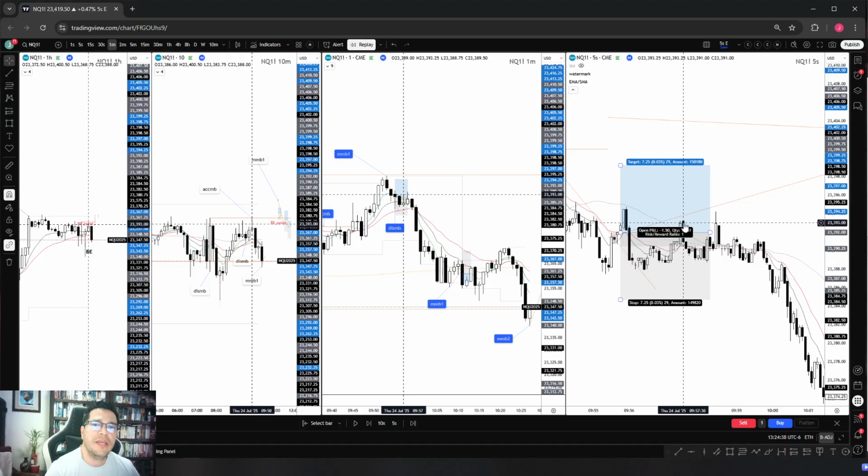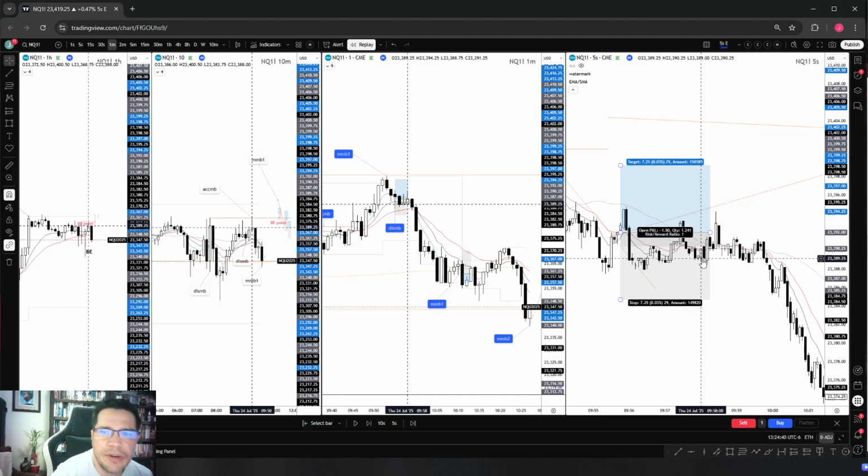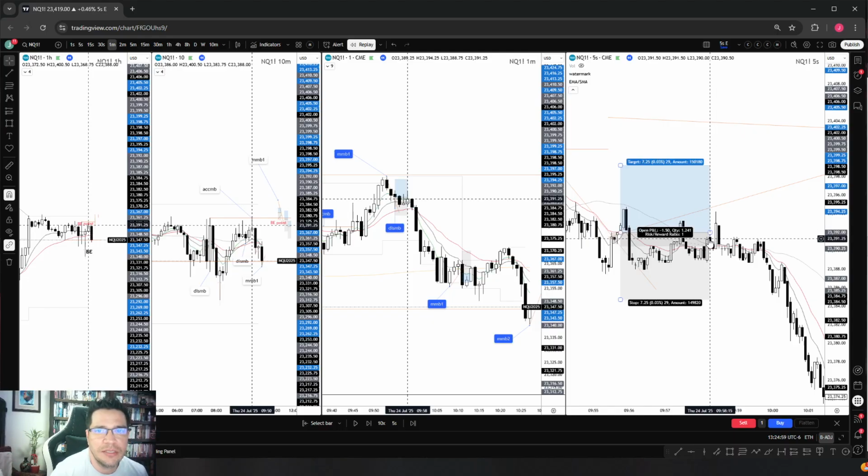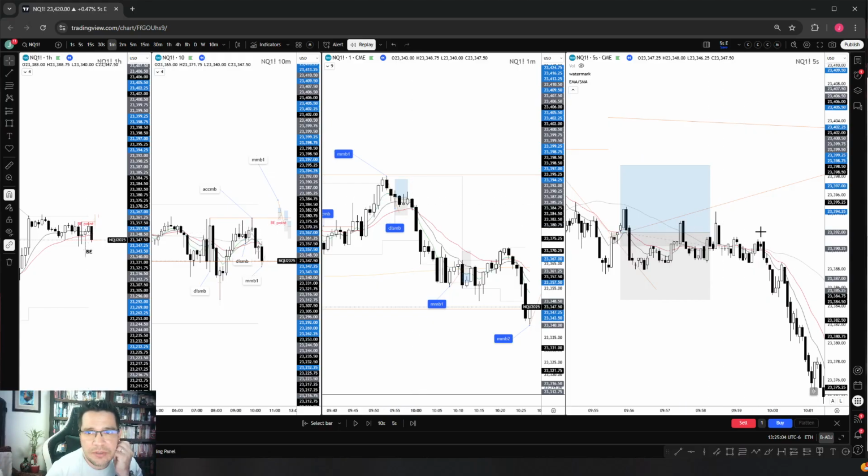From this point, again, as I said, I did not take the break even. Price went down, and from there it came up. I actually should have waited for price to stop me out at break even, but honestly I was expecting this to go down, which actually happened here, as you can see.